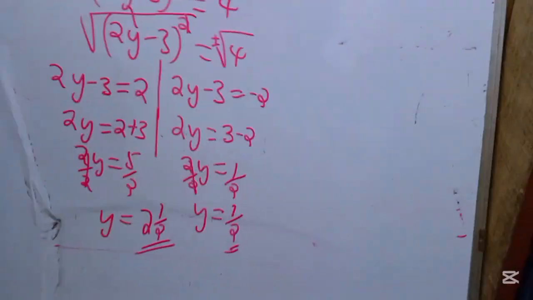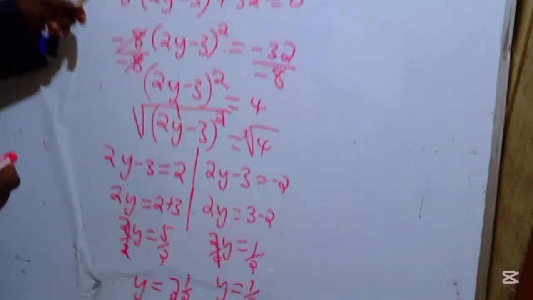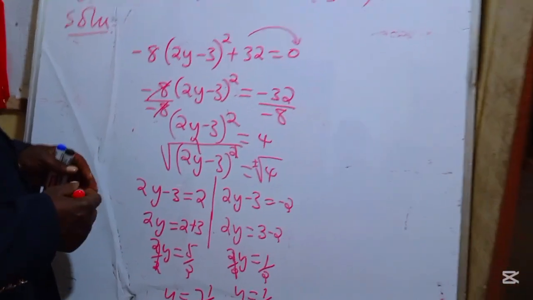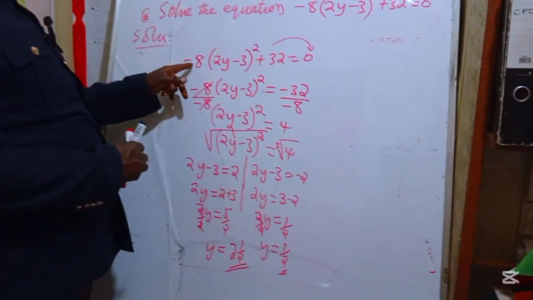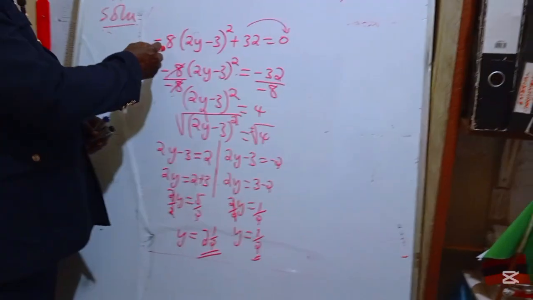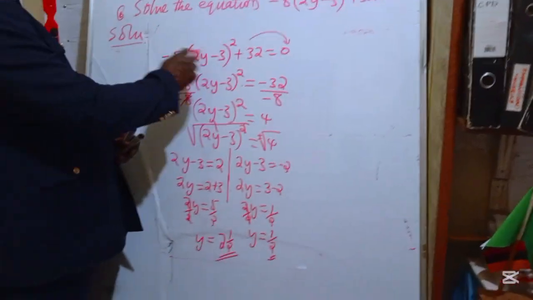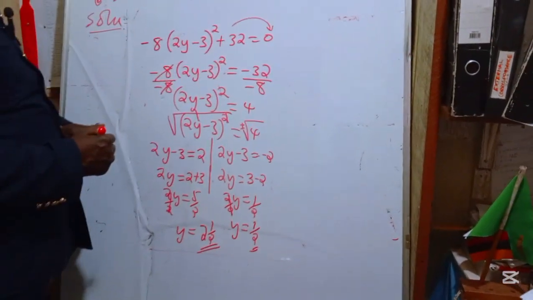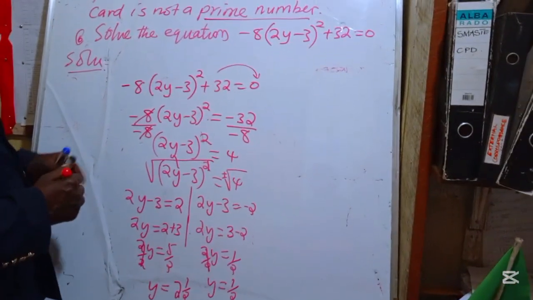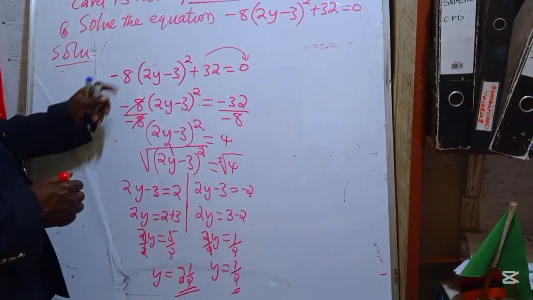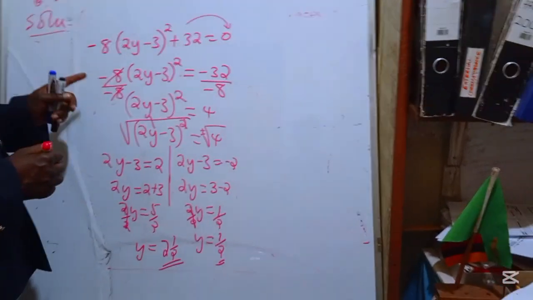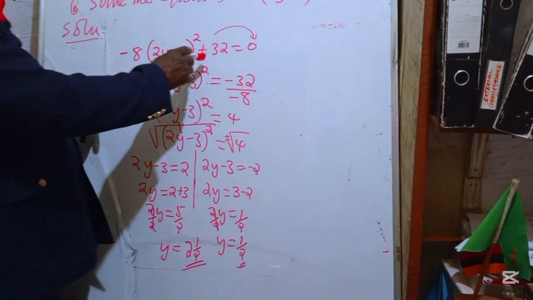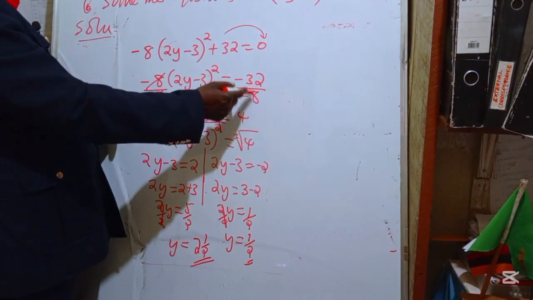So ladies and gentlemen, this is how you are supposed to answer this question. How do we answer this question? I said you cannot expand this negative 8 because this one in brackets is squared. Since it is squared, you cannot expand. So I had to get rid of 8. How? First of all, I transfer the positive 32, it goes there and becomes a negative.